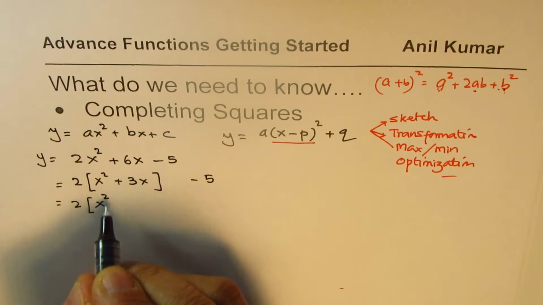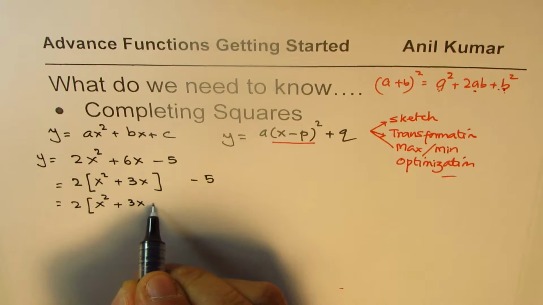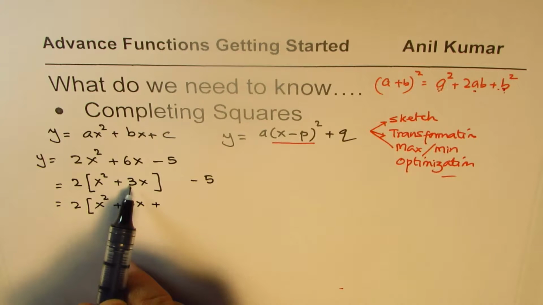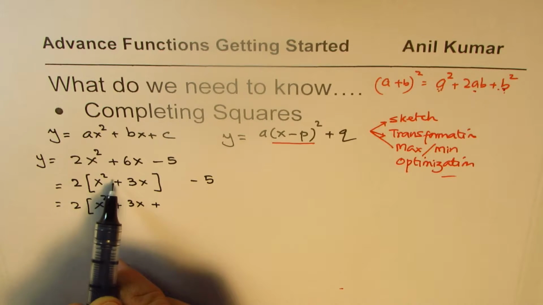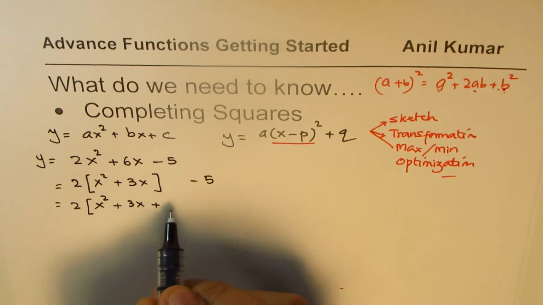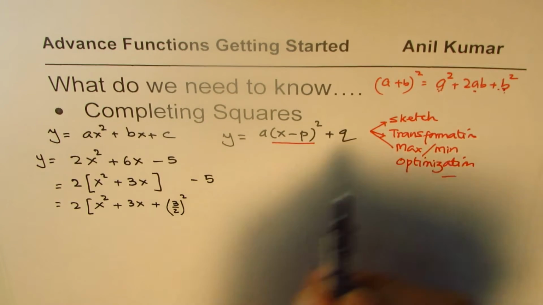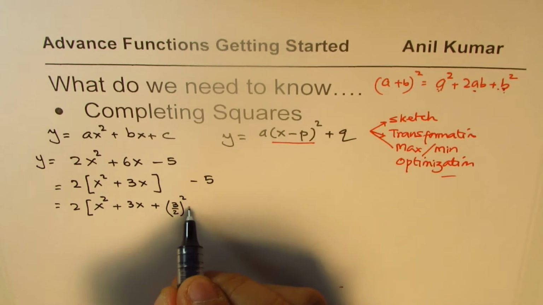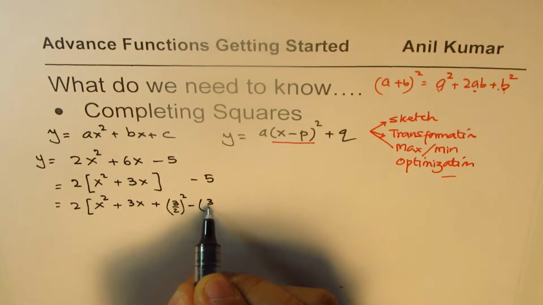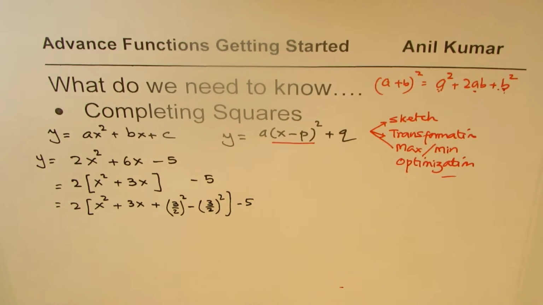So what we do here is we write this as x squared plus 3x. We add and subtract half of this number, so that it becomes twice this number, right? So we add and subtract half of this number, which is 3 over 2, the square of that. So this is b squared, do you see that? And we subtract the same number also. So when you add and subtract the same number, you're not changing the equation.